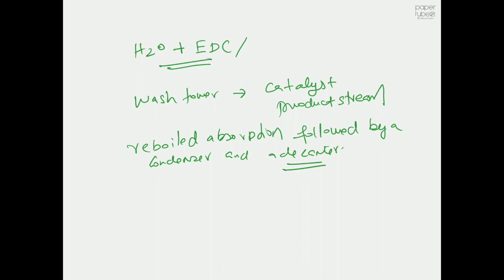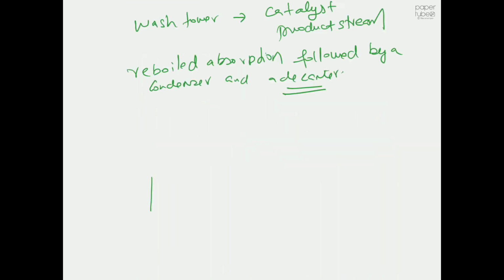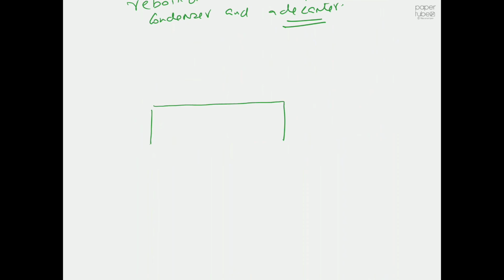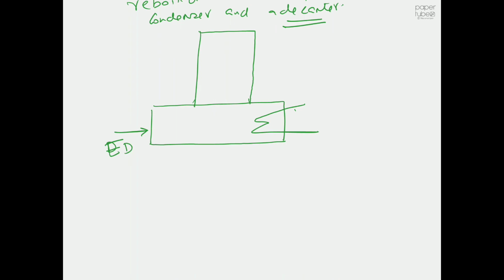So what do you mean by a reboiled absorber? It will look something like this. I hope you all know the basics of what a reboiled absorber is. You put in your product stream, which is ethylene dichloride. This stream comes from the CSTR plus PFR.